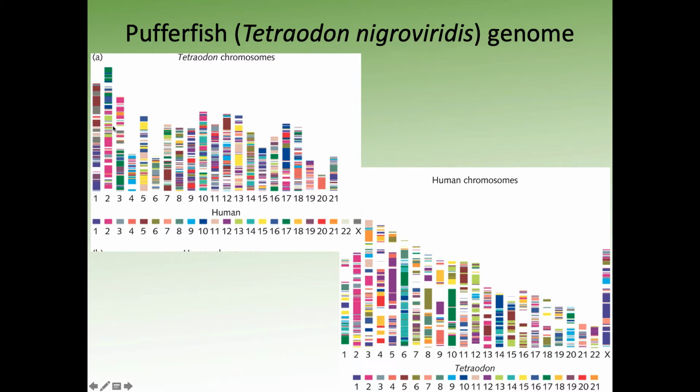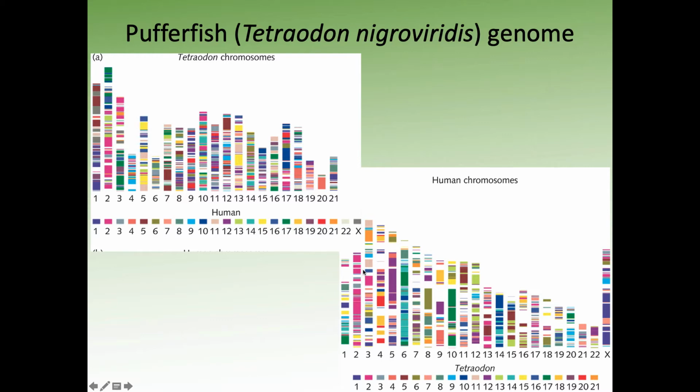Here, yellows here and here, pinks here and here, so they're not just located in one spot. Vice versa, we see pufferfish regions associated with mostly just one chromosome.